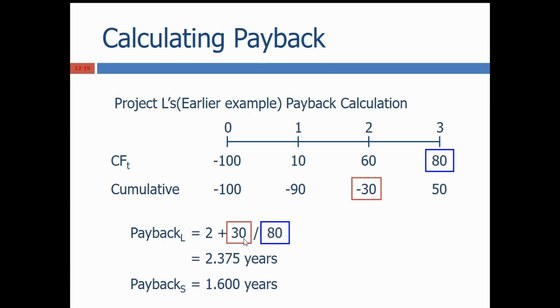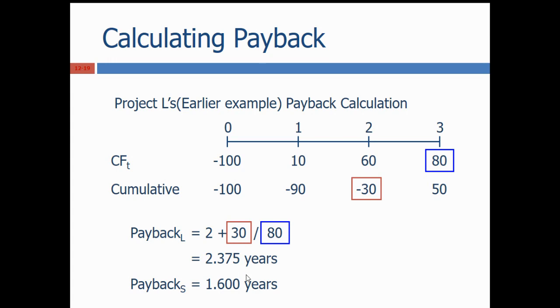In year 3 you have to recover the remaining 30 out of the total amount in year 3. So 30 divided by 80, you get 0.375. So you took a full 2 years plus 0.375 years, so 2 plus 0.375, you get 2.375 years.